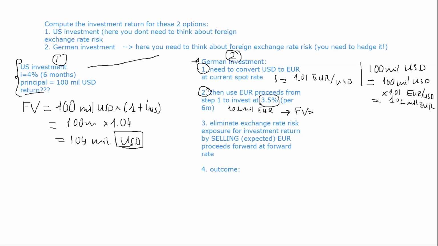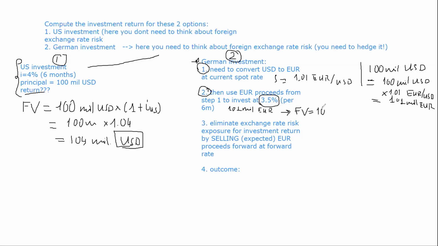Guys, do some calculation for me here. Yep, I've got an answer here. 104.535. Okay, yep, that's correct. Thanks, Kang. Excellent. So here I'm just calculating the future value again.